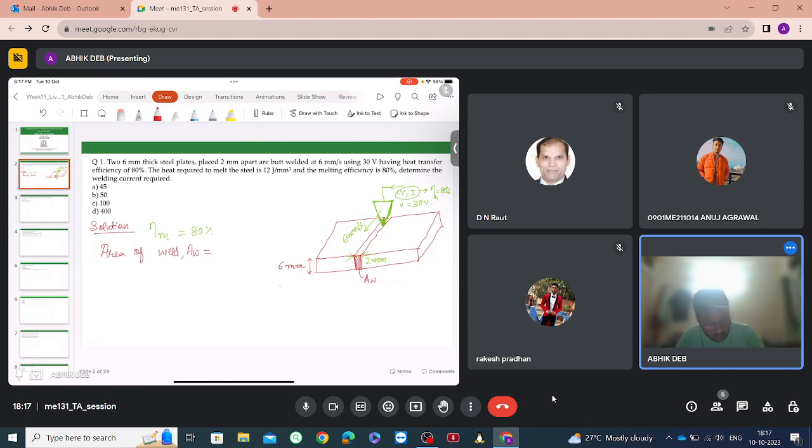That is 6 multiplied by 2 millimeter square, that is 12 millimeter square.